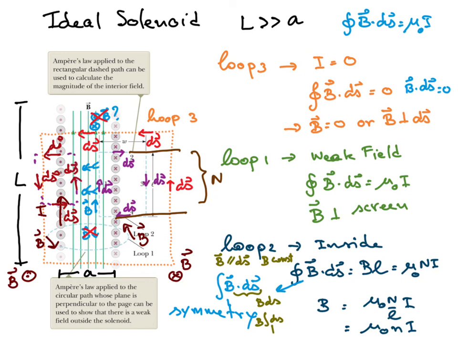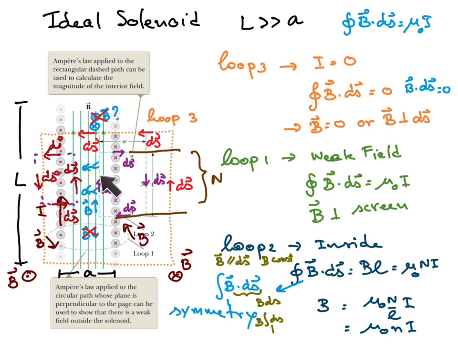It is interesting that when you look at the ds inside the solenoid on both loops, the ds here and here point in the same direction, and outside the solenoid here it points in the same direction also, but in this part it points in the opposite direction. But that has no effect.